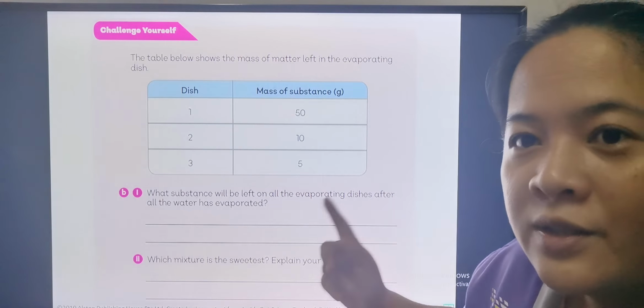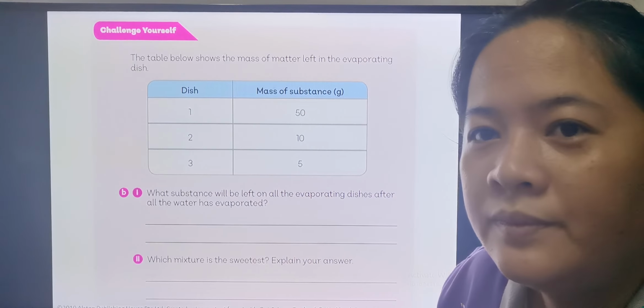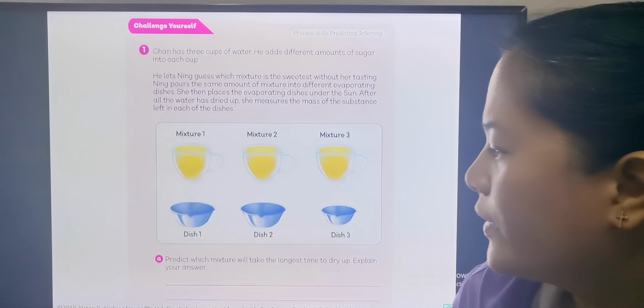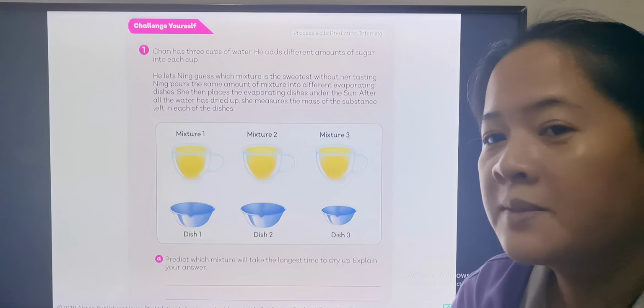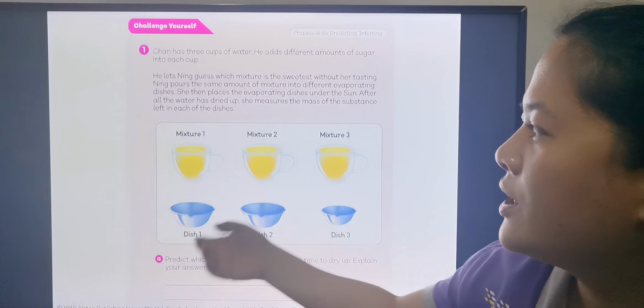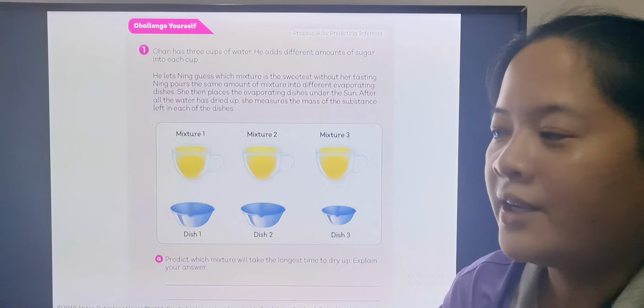Let's go back to number 1, letter A. The question is: predict which mixture will take the longest time to dry up. Explain your answer. Which mixture do you think will take a long time to dry up?